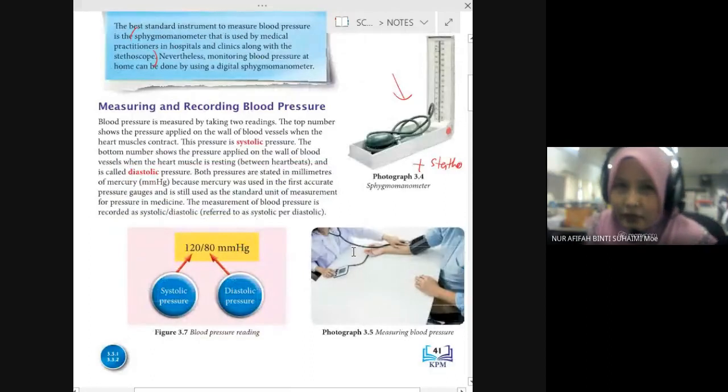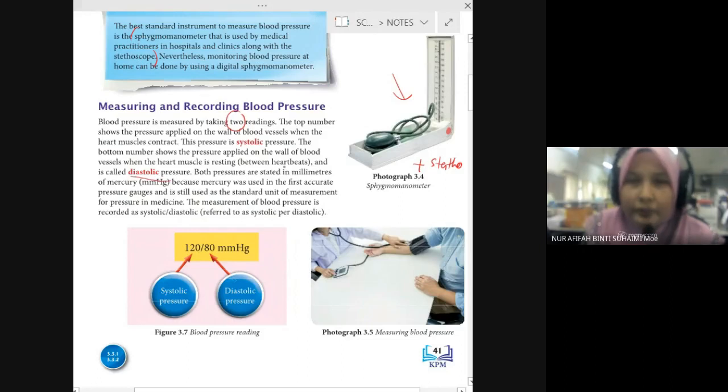Next, how to measure and record the blood pressure. Blood pressure is measured by taking two readings, top and below. The top number and below number are represented by systolic pressure, and second is diastolic pressure.